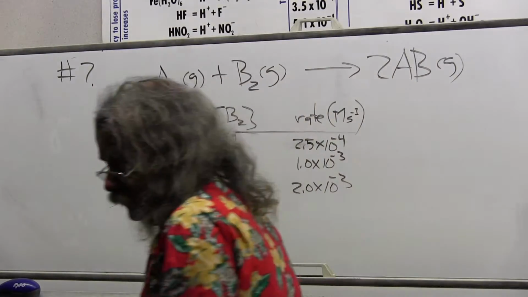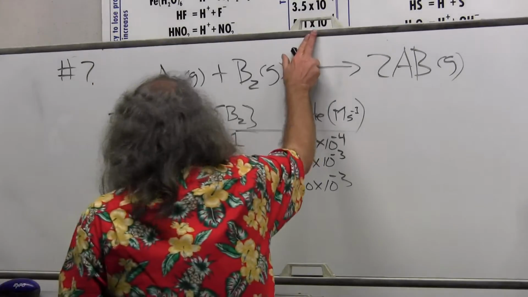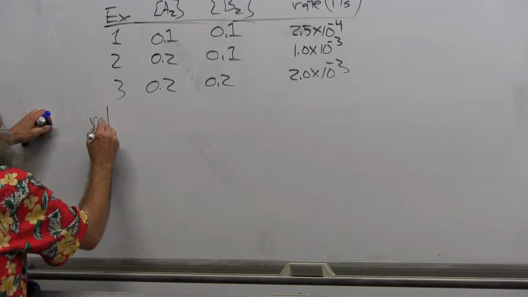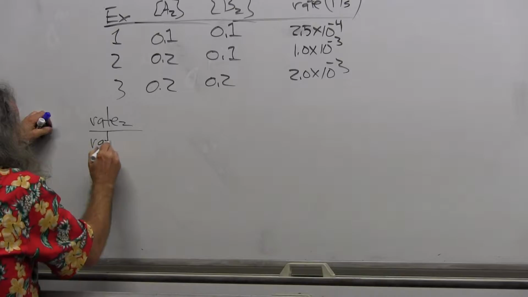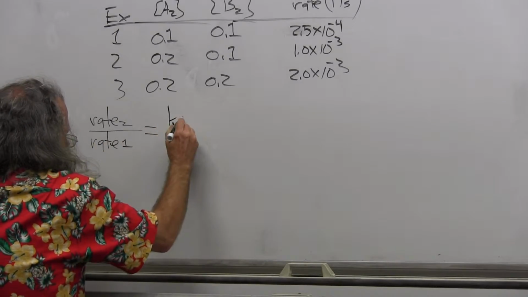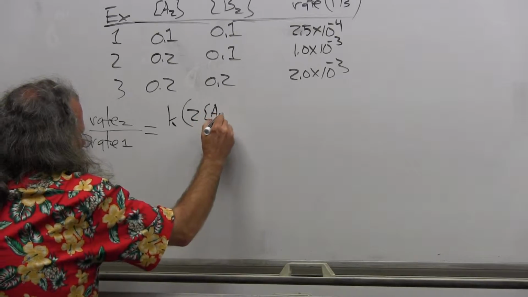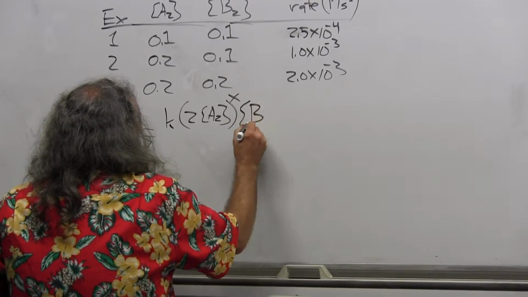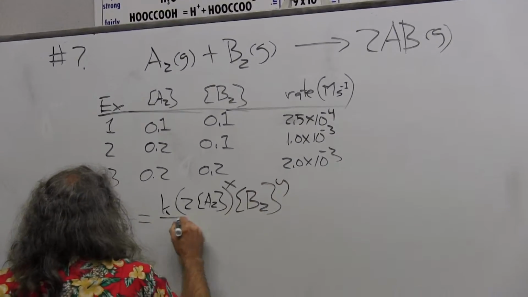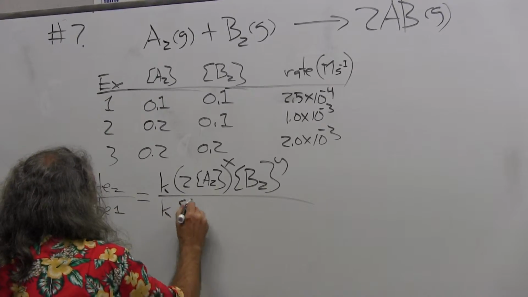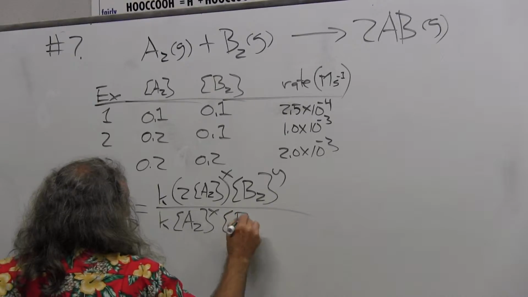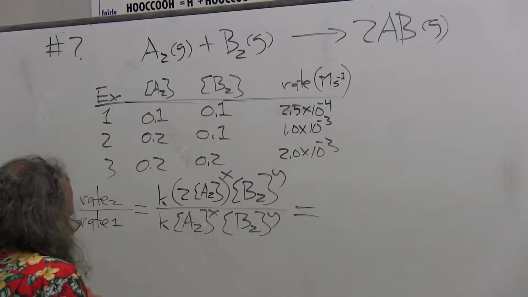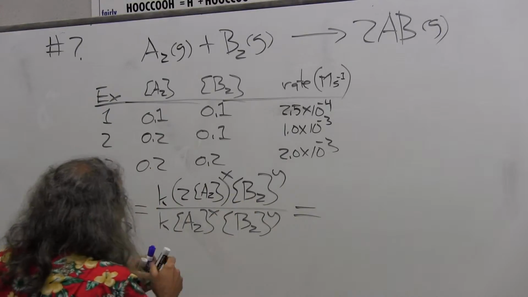Okay? Now let's prove it. What we're going to do is rate 2 over rate 1 is equal to K times 2 times A2 to the X times B2 to the Y, divided by K times A2 to the X times B2 to the Y. Notice that everything drops out.